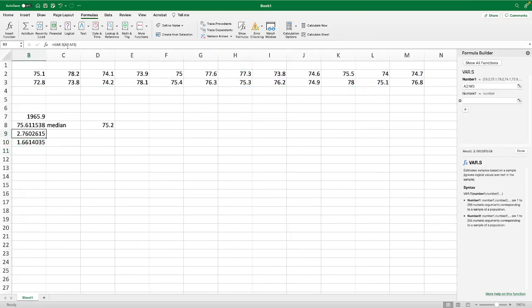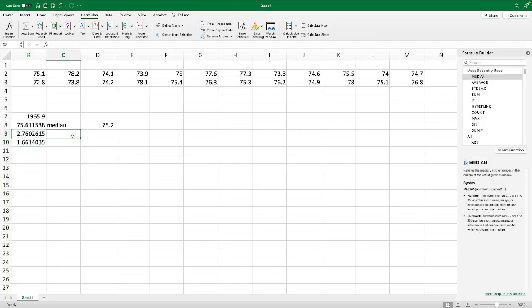I did A2 to M3, so both of those. So let's take this one and square it and see that those are the same number. And I'm going to take this one and take its square root. And then we should see we get the standard deviation.